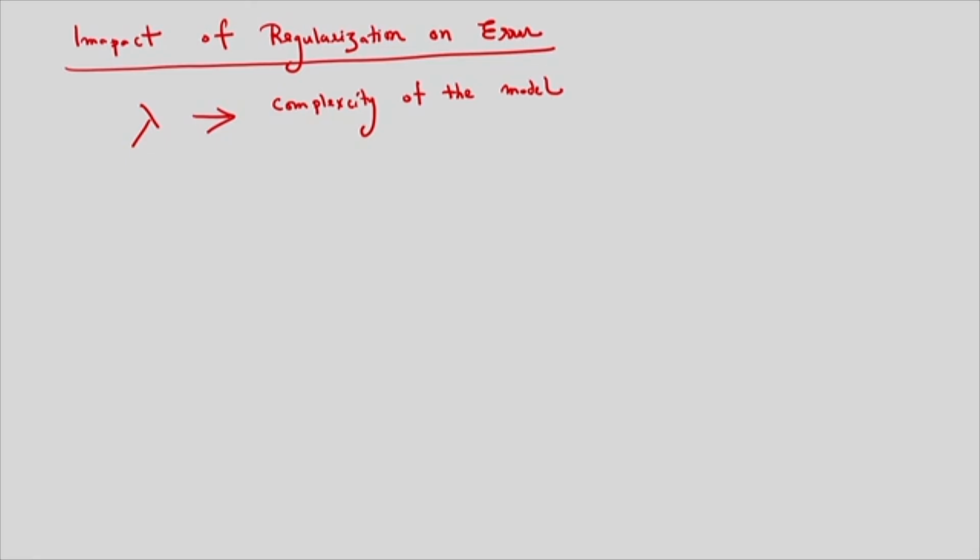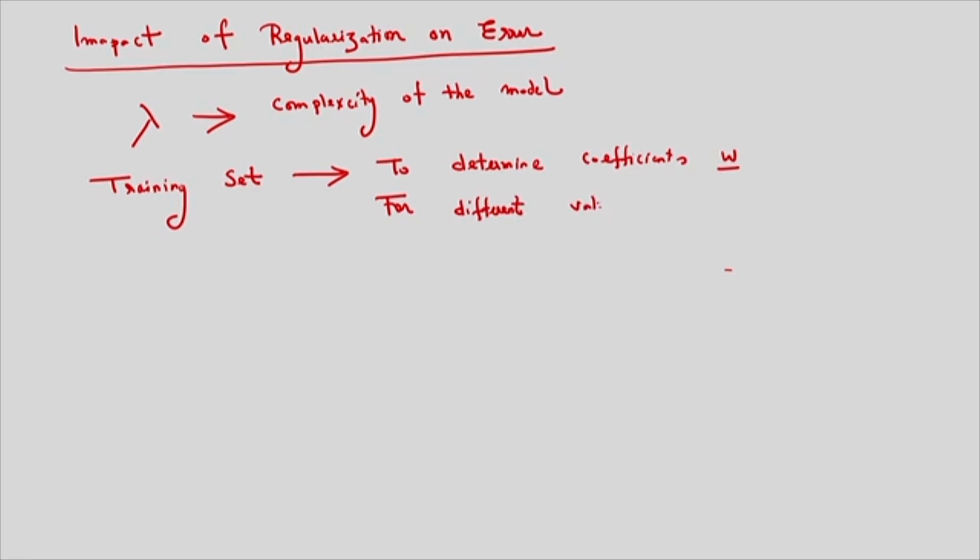So what is the approach for this? For the training set, with the help of this training set, first we have to determine the coefficients of W for different values of m or lambda.